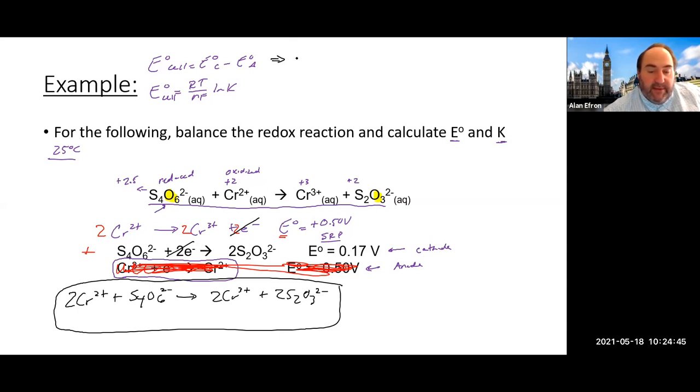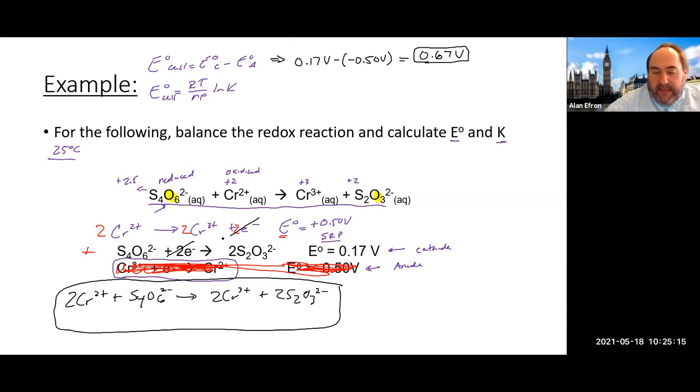So I'm going to take my cathode, which is 0.17 volts, minus my anode, which is, before I messed it up there, 0.5 volts. And again, it's going to change the sign. That's again why we could just add the numbers at this point, since I did change it. And that's essentially what we're doing. And we will end up with a cell voltage of 0.67 volts for this cell. Any questions on that?